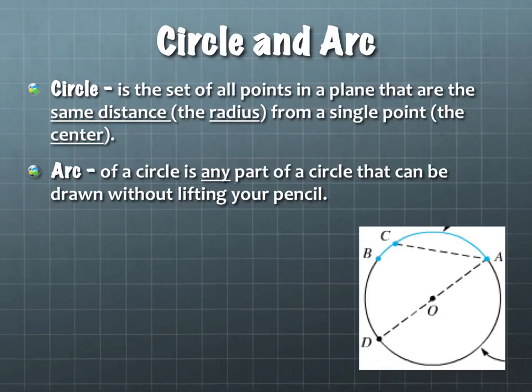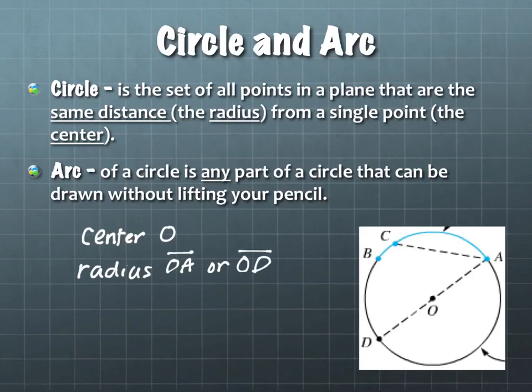So on this image, we have the center, not on the circle, but it's the center O. Also here you can see that we have the radius. The radius is OA as drawn, or you could call the radius OD. It's another radius in our picture. And we have several arcs. We actually have the arc BC.